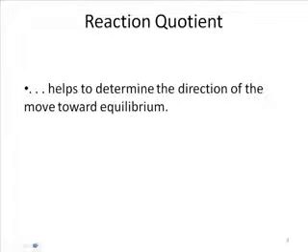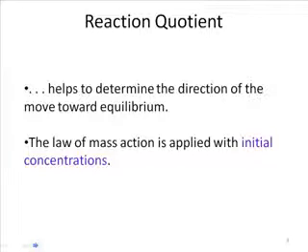So what if we have a set of conditions that are not at equilibrium? Well, we use the same expression from the law of mass action. However, instead of equilibrium concentrations, we use initial concentrations.